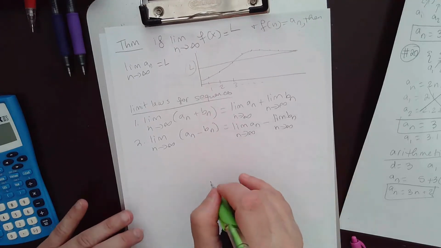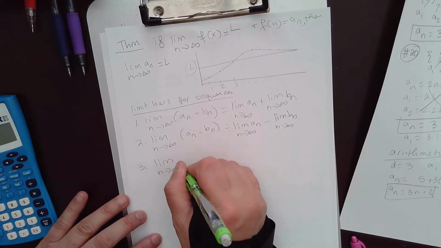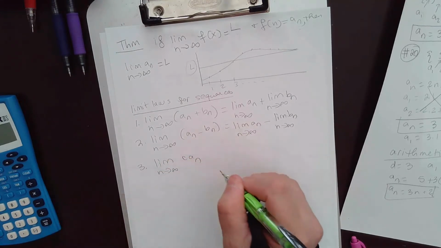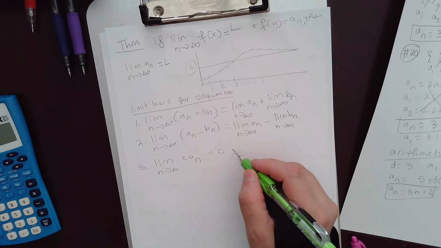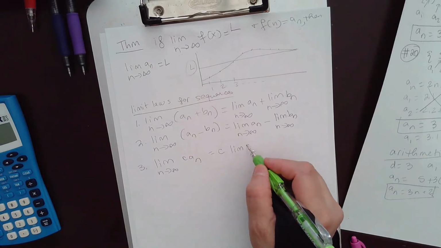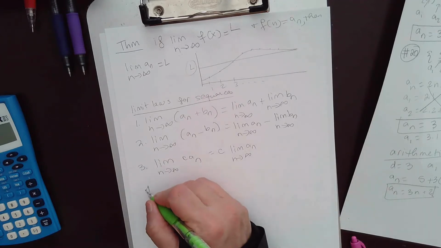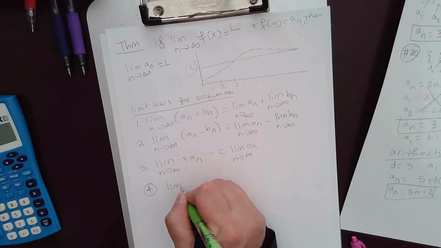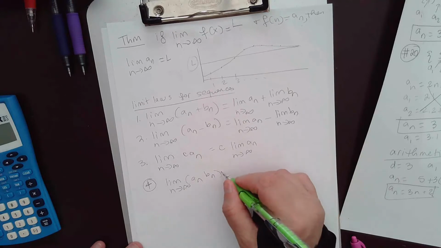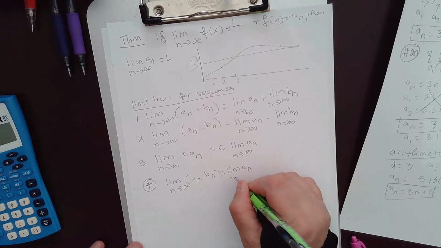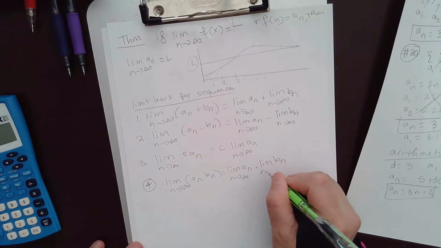And now the constant multiple law: the limit of c times a_n, where c is a constant, as n approaches infinity. You can pull out the c. That's c times the limit of a_n as n approaches infinity. The product law: the limit of a_n b_n as n approaches infinity is the limit of a_n as n approaches infinity times the limit of b_n as n approaches infinity.